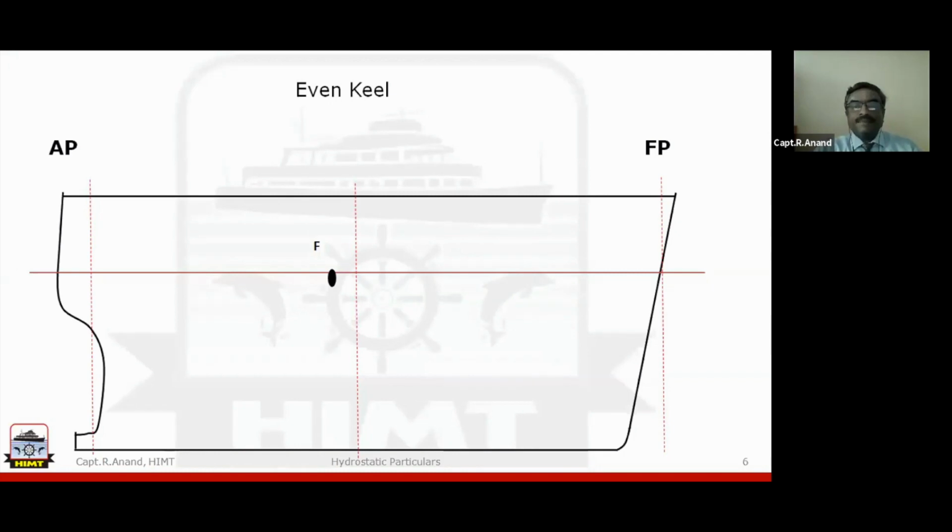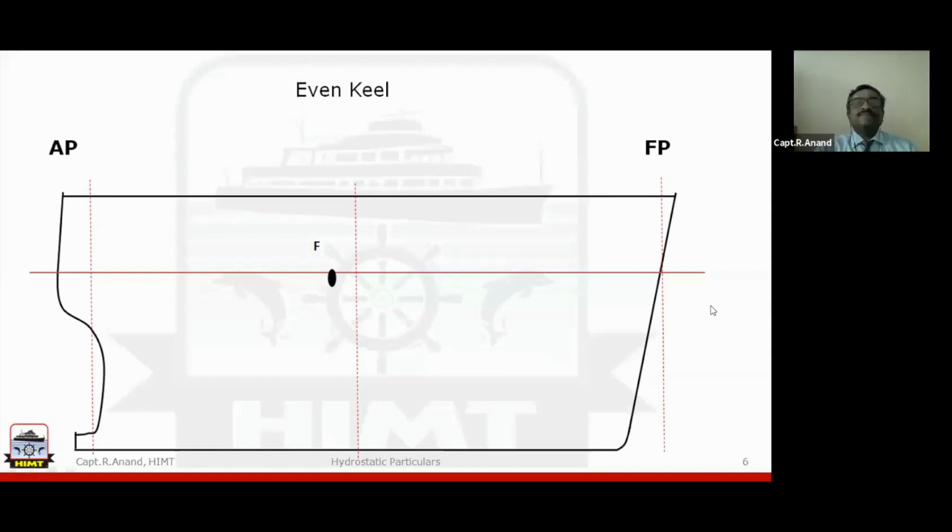Anybody would like to answer that? Presently at even keel, in case there is a trim change, will the change in the forward and aft drafts be the same? No, sir. Under which condition will it be the same?